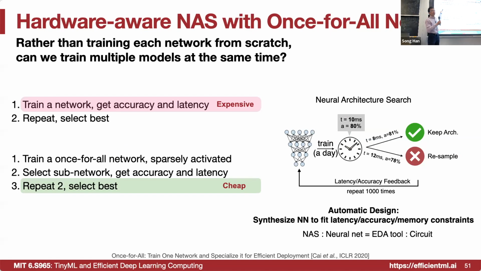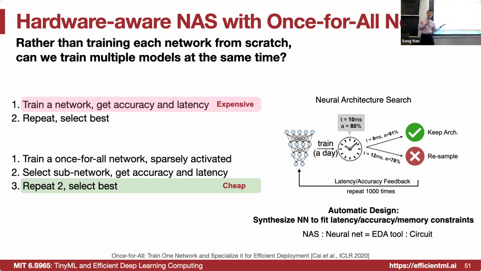The original way, right? We train a network, get the accuracy and the latency, and see if it is a good model. If it is not, then we have to repeat this process. So this training process, like we mentioned, is quite expensive. But how about we train this once-for-all network? You just train it once, and then you can select a sub-network to get the accuracy and latency.